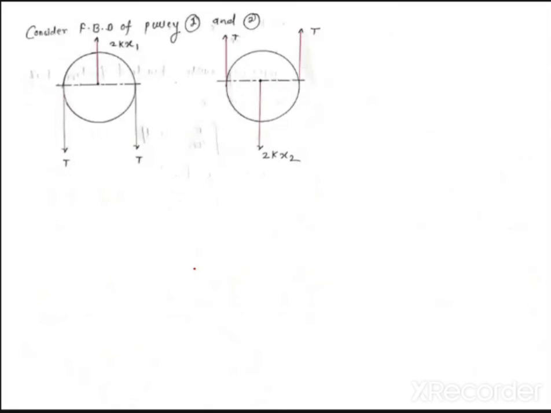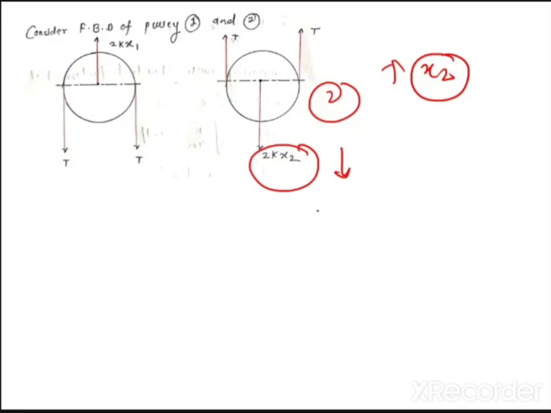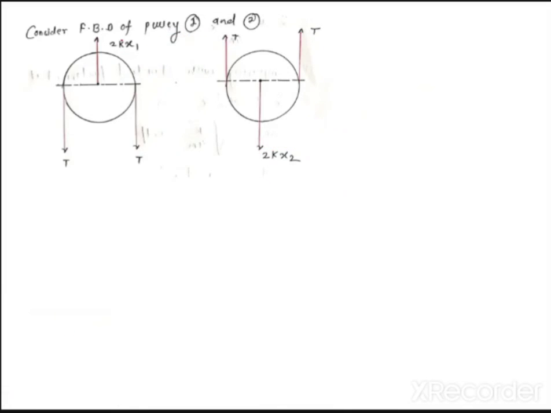Okay, I will show. I have drawn pulley 1. Now for pulley 2, the motion is upward. x2 is upward, so the spring force 2k x2 will be downward, and here the motion x1 is downward, so 2k x1 will be upward. In this way I have drawn the FBD for the two pulleys. So considering the FBD of pulley 1 and 2, what will I get? See, T plus T.